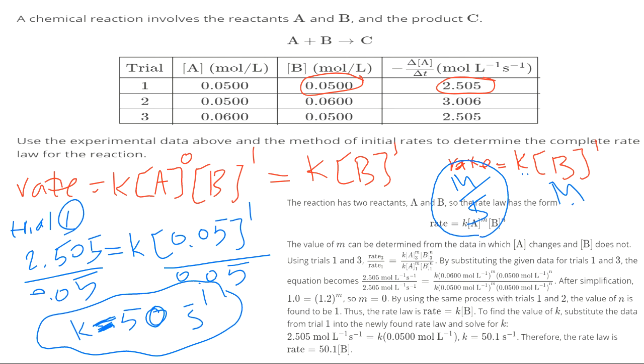So k must be 1 over second, or reciprocal second. So that's how you find the unit for k. And when you have the unit for k, you have the values for x and y, and the value for k, you have your specific rate law for this reaction.